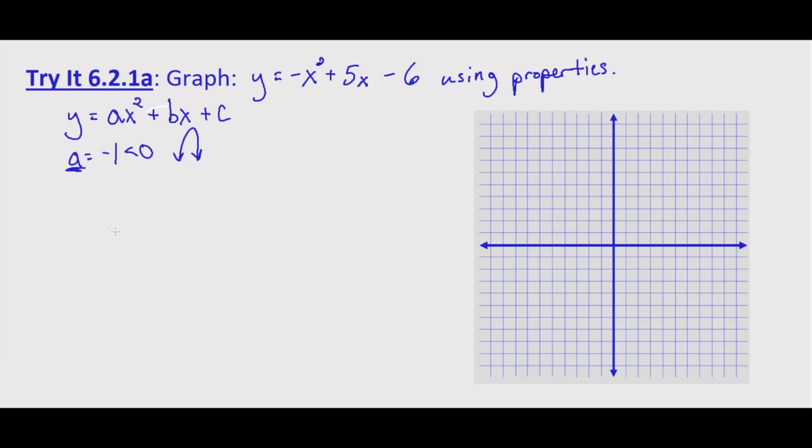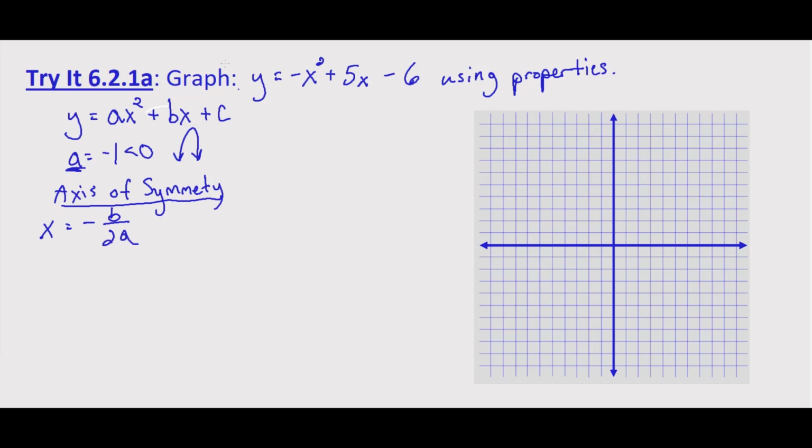Now we're going to look at what's the axis of symmetry. So remember, how do we find the axis of symmetry? The axis of symmetry we know is a property of this form, y equals ax squared plus bx plus c, and it's x equals -b over 2a.